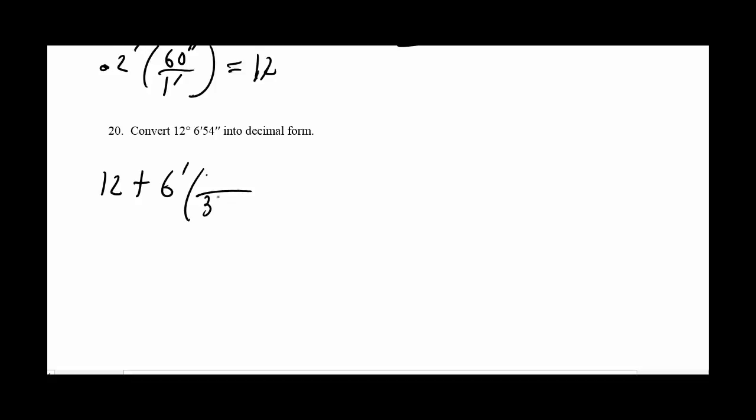Okay, so I want to go minute to degree here. So in 1 degree, there are 60 minutes. And so that will give me the degree form of that. And then in 54 seconds, okay, so there's, let's see, 60 seconds in 1 minute.